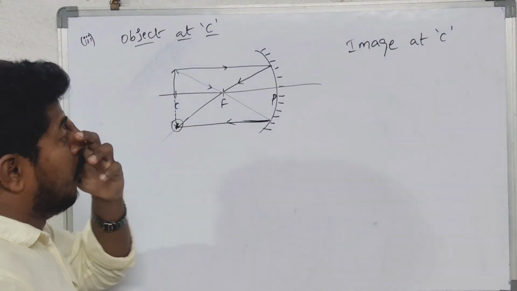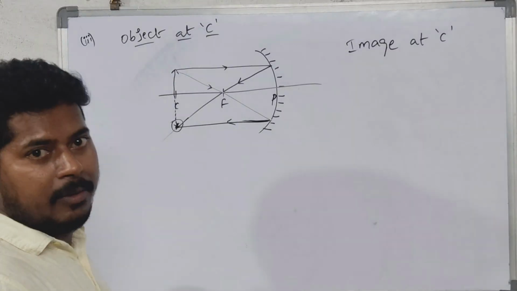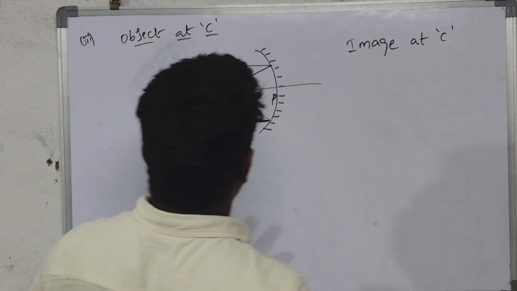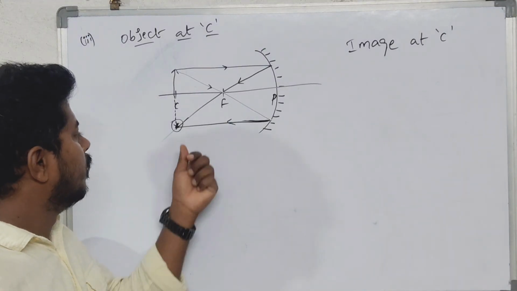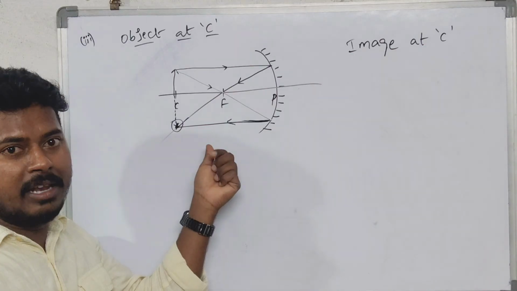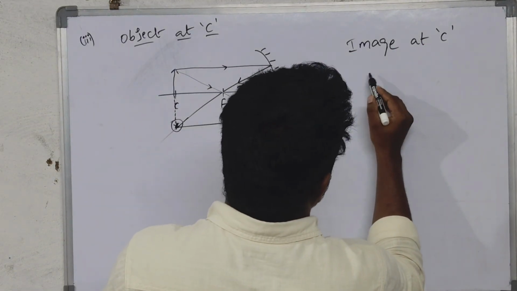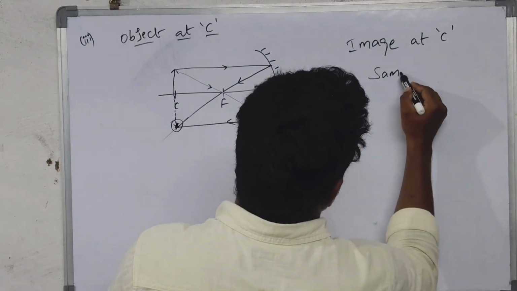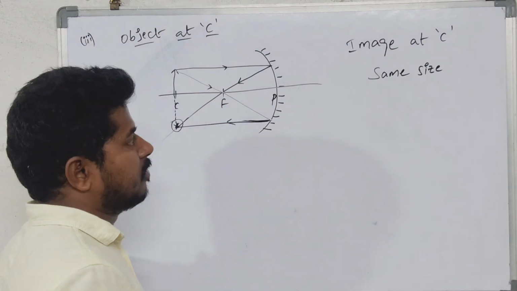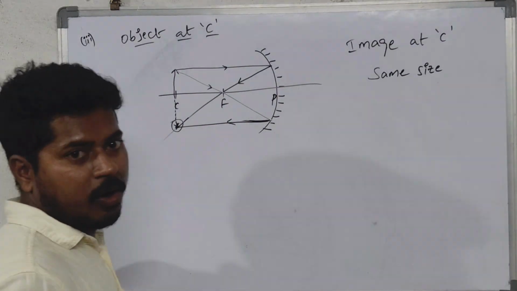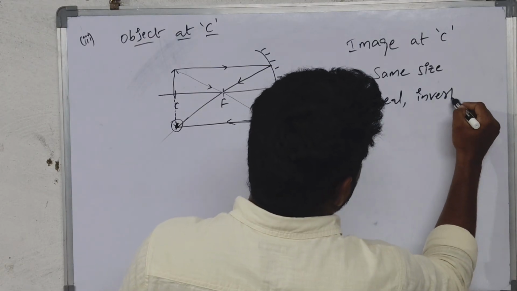Object at C and image is also at C. Now the size of the image: the size of the image is equal to the size of the object, so the same size as the object. Now the image is real, and all real images are inverted.